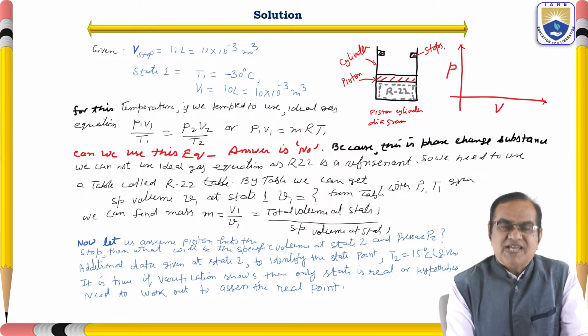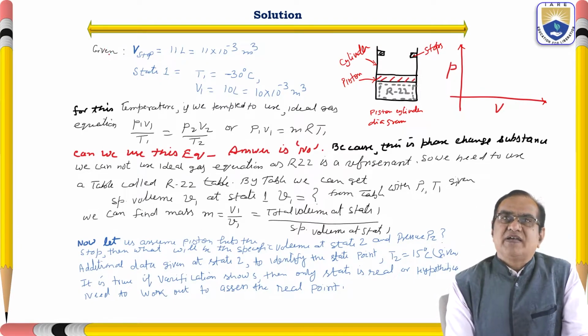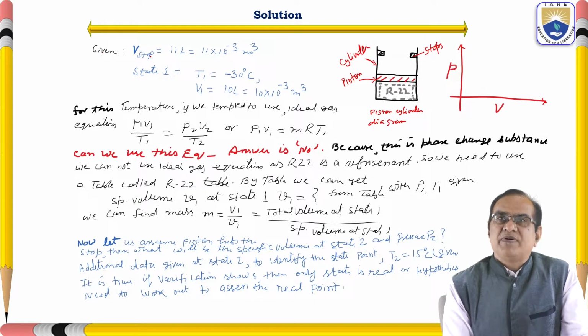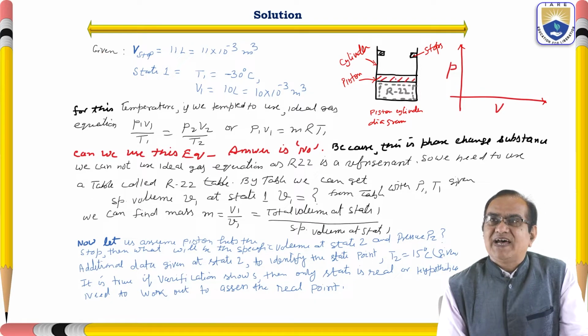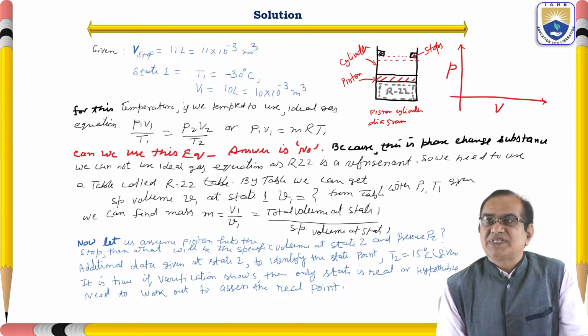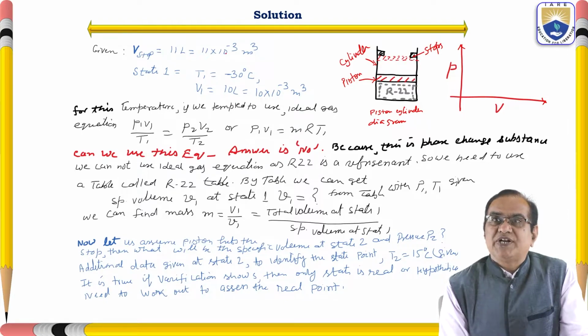As per the problem, the given condition is V stop, when the piston reaches here, this is the stop. This V stop is given as 11 liters, so 11 into 10 to the power minus 3 meter cube, because we have to convert liters into meter cube.